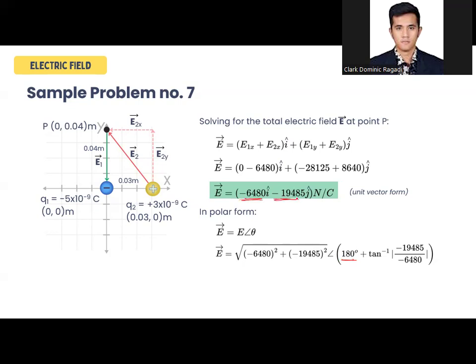Since they are negative, they are directed towards the third quadrant. So that's 180 plus the angle beta. This is our x, this is our y. So our theta, the total angle, is 180 plus arctan of our beta.